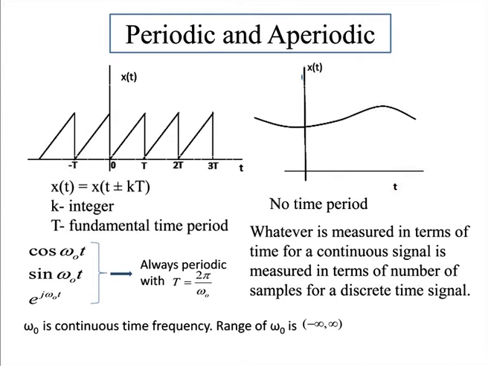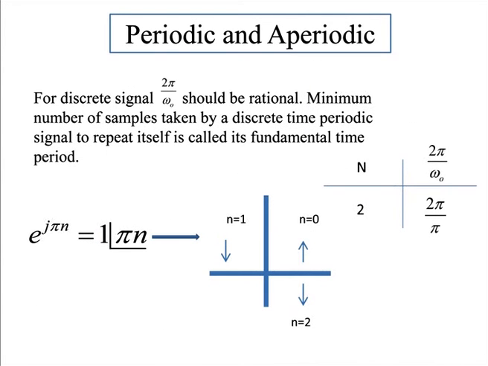Whatever is measured in terms of time for a continuous signal is measured in terms of number of samples for a discrete time signal. Okay. So, it means whatever we measure in terms of time for a continuous time signal is also measured in terms of number of samples for a discrete time signal. In the next slide, for discrete time signals, the period is 2 pi by omega naught. This should be rational.